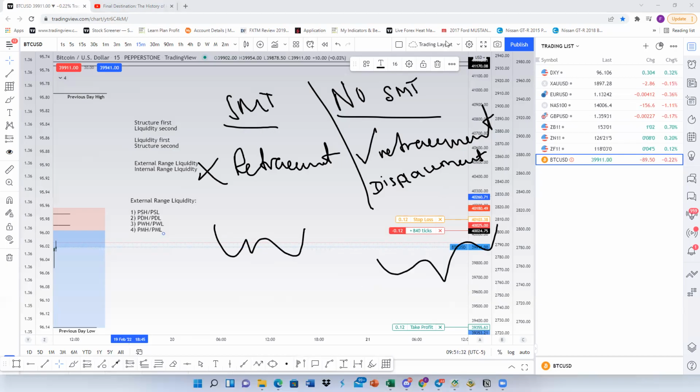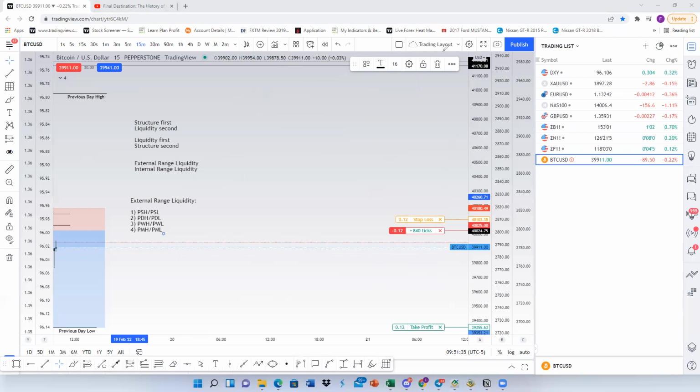And you have to always keep in mind that we are working with 1, 2, 3.